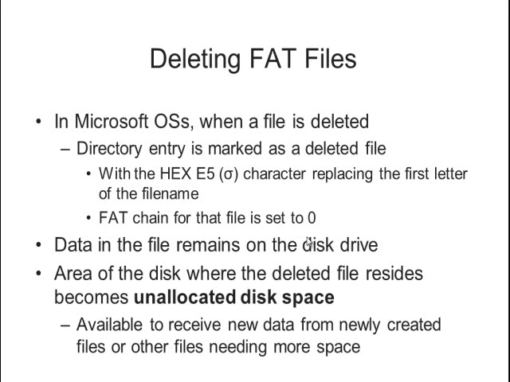Data in the file remains on the disk drive. The area of the disk where the deleted file resides becomes unallocated disk space. This space is now available to receive new data from newly created files or other files needing more space. However, until it's used, the data can be retrieved.